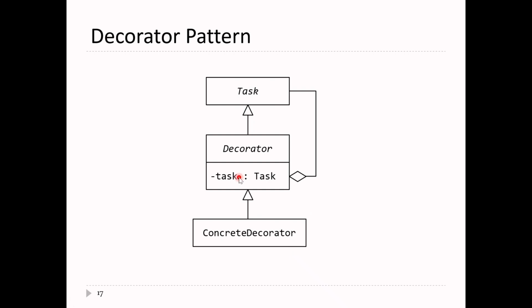Remember, every method that's in task, decorator will also have a copy of that method. It simply tells its internal task object to perform the method. The concrete decorator classes will override the methods in task, so run and get status, so that they return the appropriate results for the decorator.